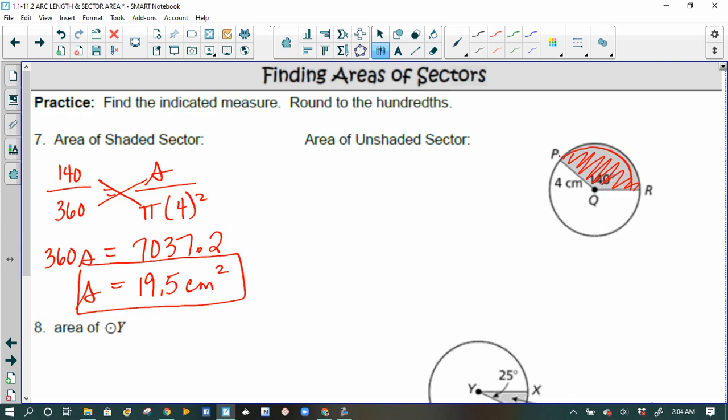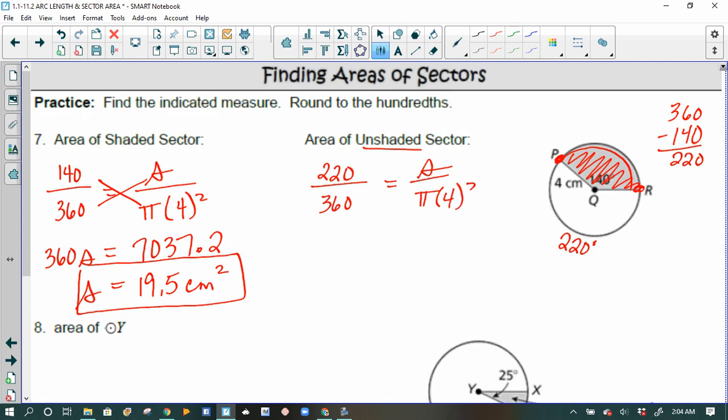Now, if from this point to this point is 140 degrees, 360 minus 140 is 220. So this arc is 220. So now we're going to find the unshaded. So you're going to look for 220 over 360, sector over pi r squared.